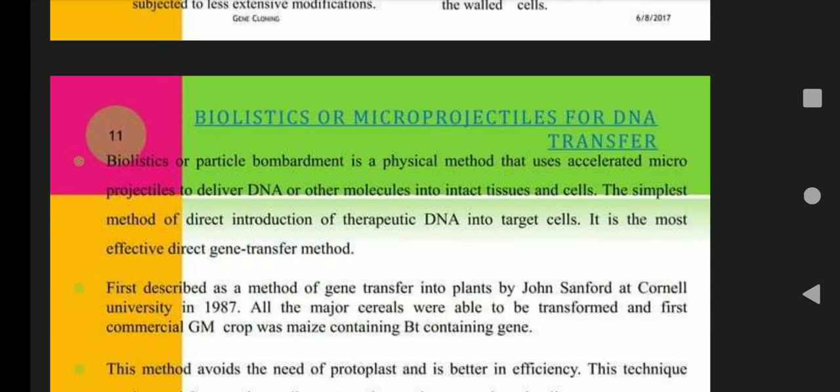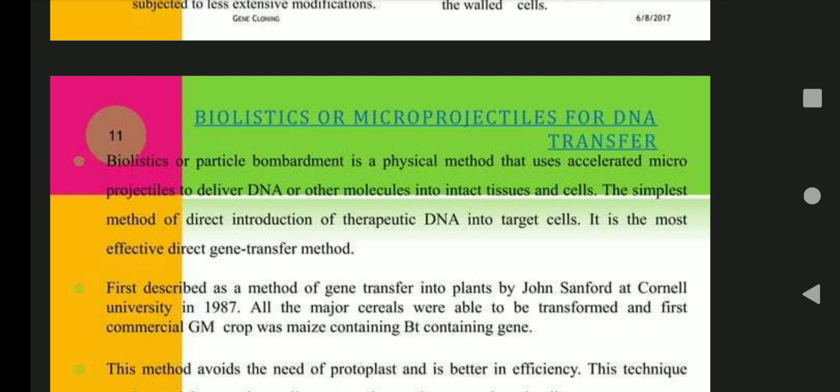Another one is biolistics, or we call it microprojectile DNA transfer. Biolistic or microprojectile means the gene is coated onto bullets or ball-like structures, then shot at the plant cell or the animal cell. This is particle bombardment, a physical method using a microprojectile to deliver the DNA or molecule into intact tissues and cells. This is the simplest method of direct introduction of therapeutic DNA into the target cell.